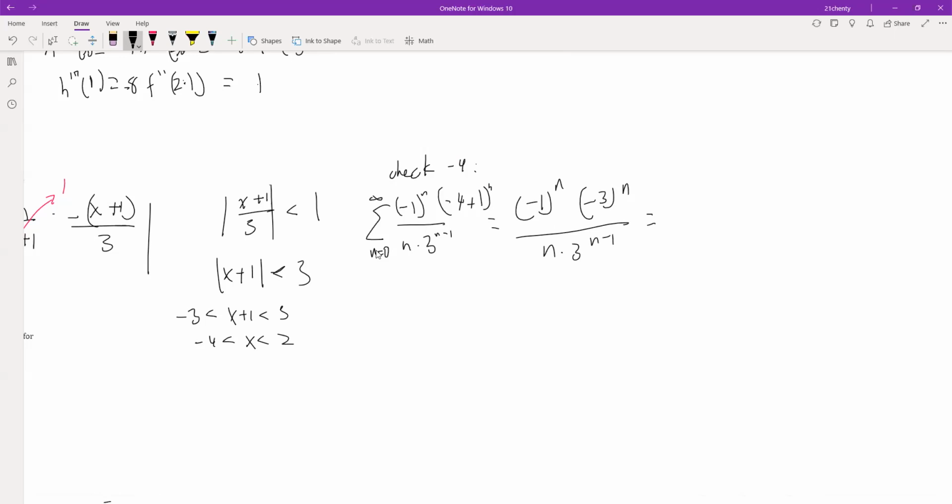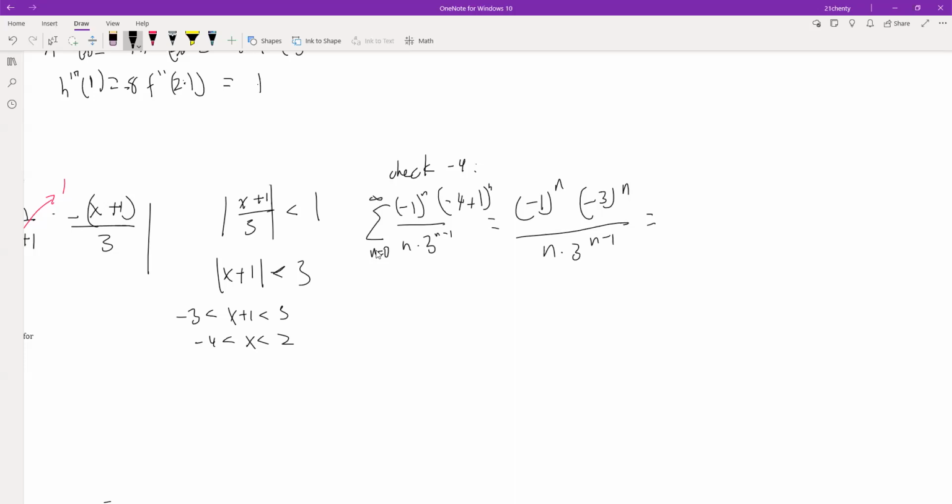which equals, let's take out the negative 1 from the negative 3. So negative 1 to the n times negative 1 to the n is negative 1 to the 2n, and 2n is always even, which means it's always going to be an even power, so that'll just be a positive 1.